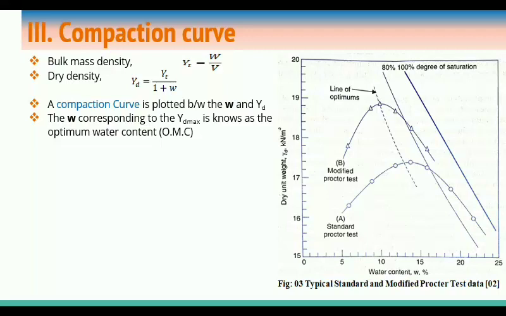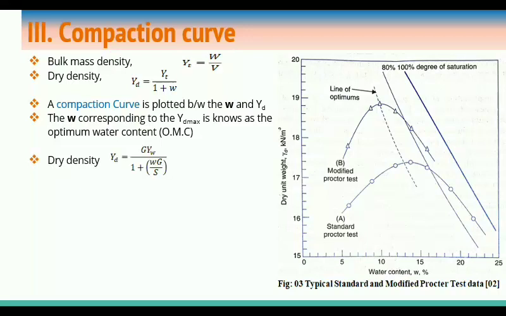So if we are increasing the water content, water replaces the solid particles of the soil, and we know that the density of solid particles is more than the density of water. So the conclusion is that dry density decreases when the water content increases, because solid particles are replaced by water. So we get less dry density. Okay.